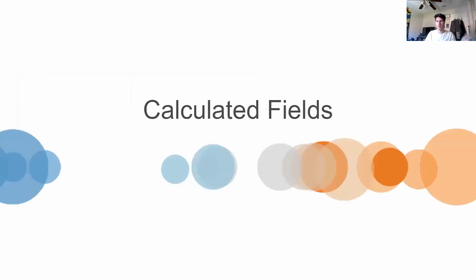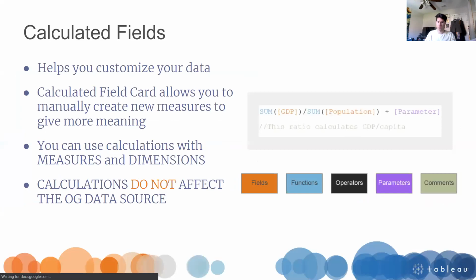And so with calculated fields, you get to create new dimensions or measures. So just to get started, calculated fields help you customize your data. You get to manually create your dimensions or measures, and it does not affect the original data source. So OG, original data source, it doesn't affect that.